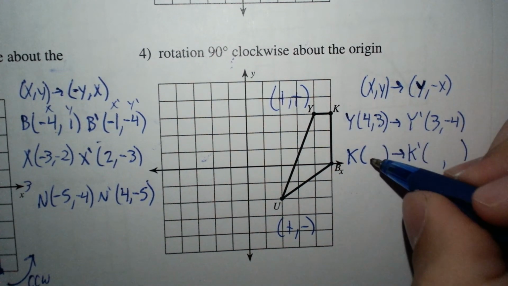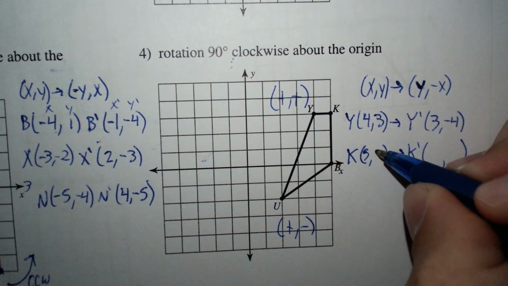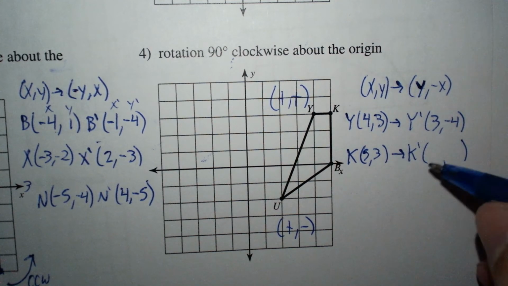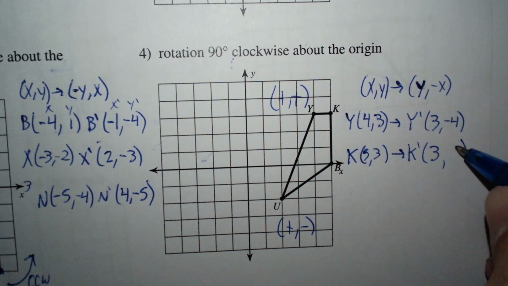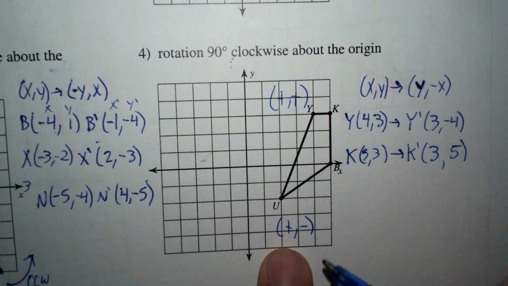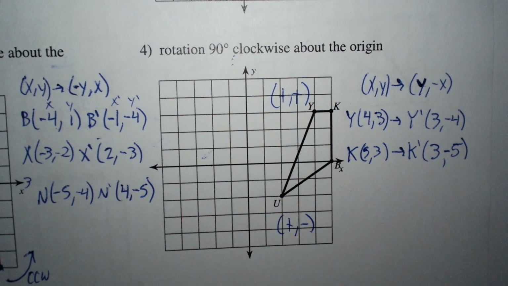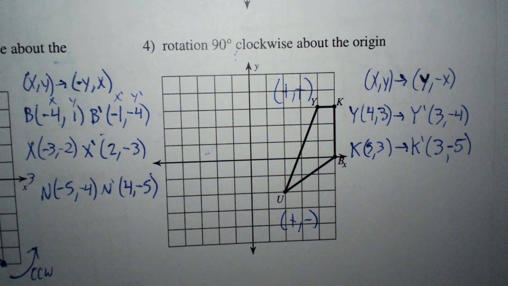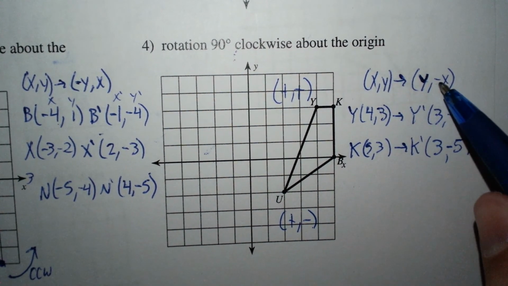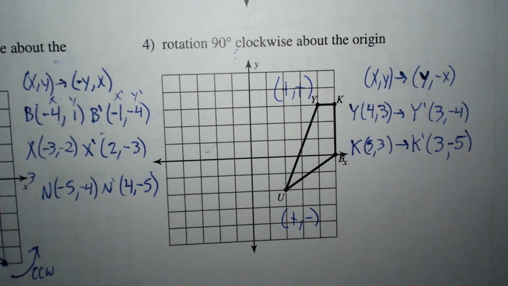So if K is 5, 3, then it's going to be 3, then 5, and I've got to make it match these symbols right here. That has to be a negative.